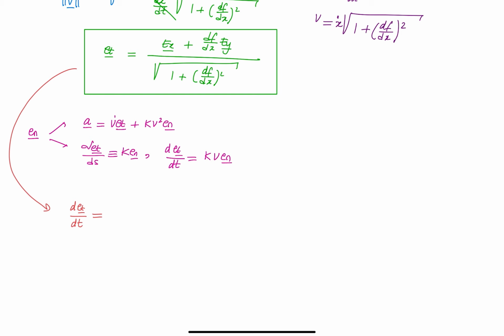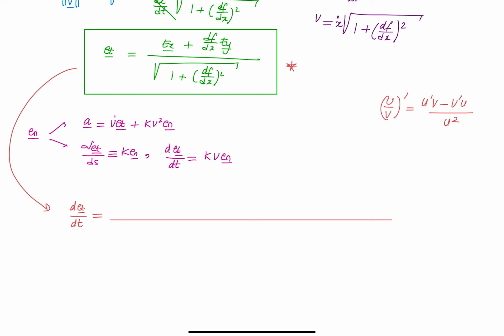Okay. Let us see. So de_t by dt, this is the time derivative of this. I'm going to have to use the derivative of u over v. Basically, the derivative is u prime v minus v prime u over v squared.